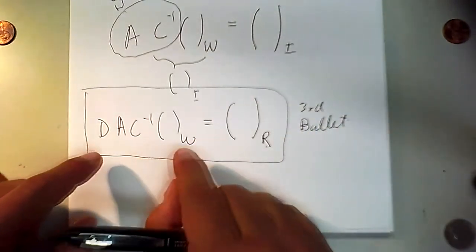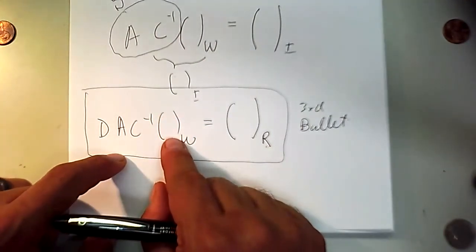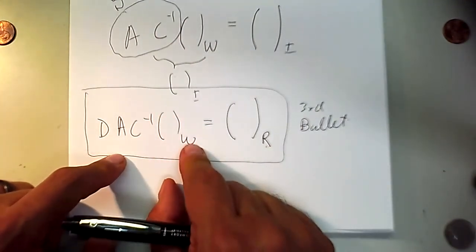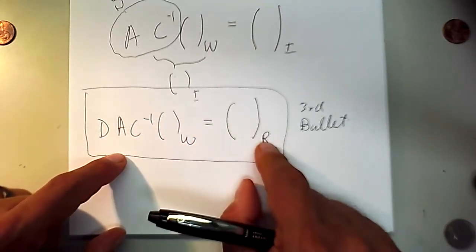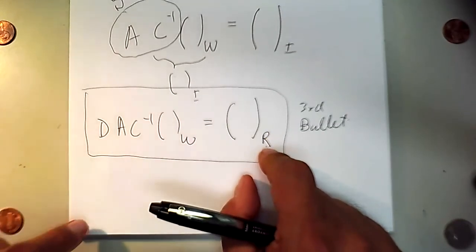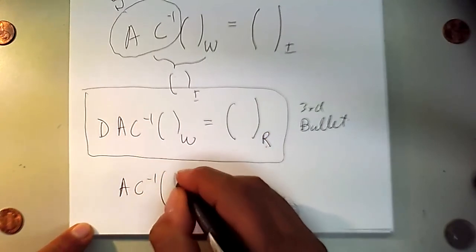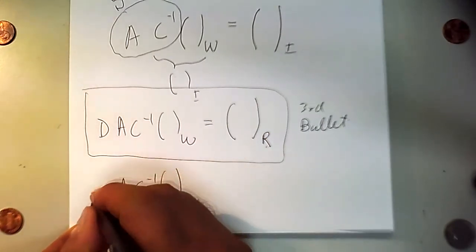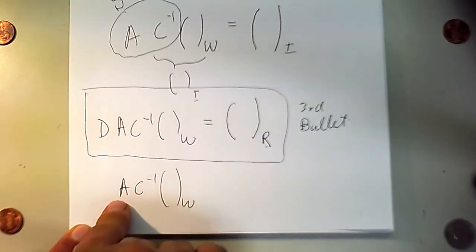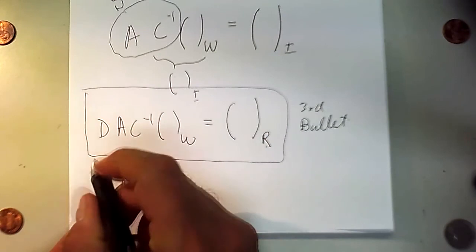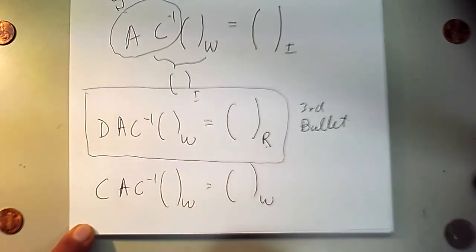Now, if we want to transform a vector given in weird coordinates so that the answer is in weird coordinates, then we have a vector in weird coordinates, C inverse puts it in standard coordinates, A transforms the vector, and then C puts the answer back into weird coordinates.